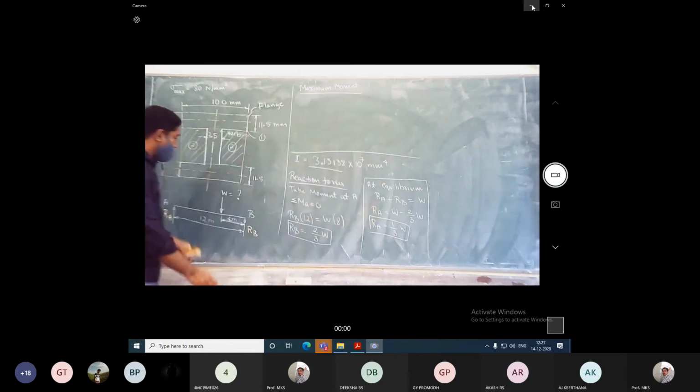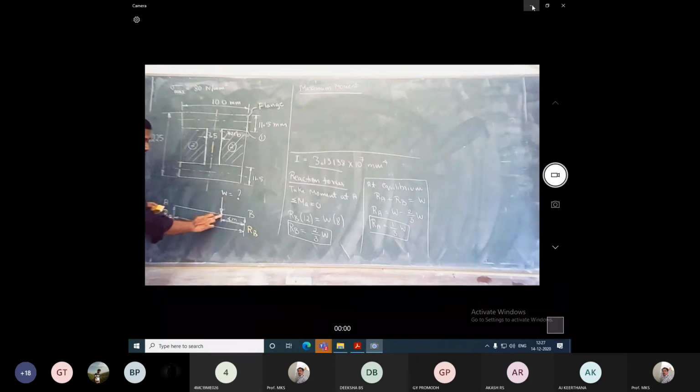So for a simply supported beam with point load, the maximum moment will be acting at the point of the load. So you need to keep this in your mind.